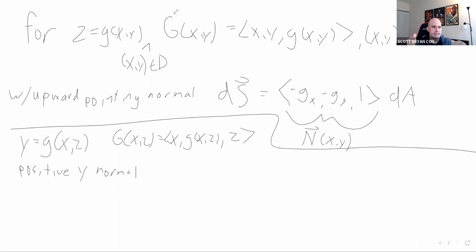the variable you have by itself, right? And the first one, it's z equals something. If we want the positive z pointing normal, this is what we get. Here we have y equals a function of x and z. If we want the positive y normal, we do the same thing, except the first component is negative the derivative with respect to x.